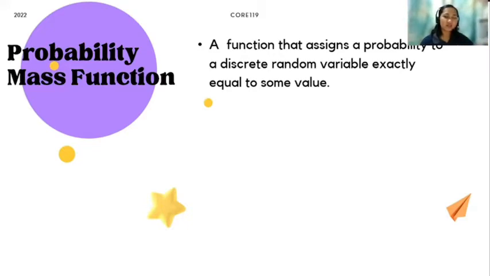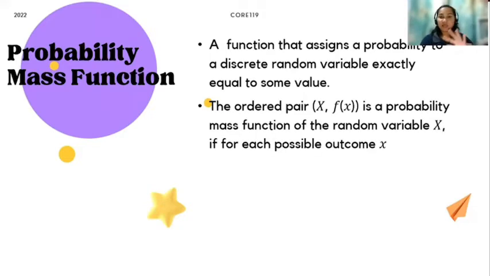Also, please take note that for the rest of the lesson, we are going to talk about discrete random variables. The continuous random variable is concerned with normal distribution, which will be discussed in the following lessons. So for the rest of this lesson, I'm going to talk about discrete probability distribution.